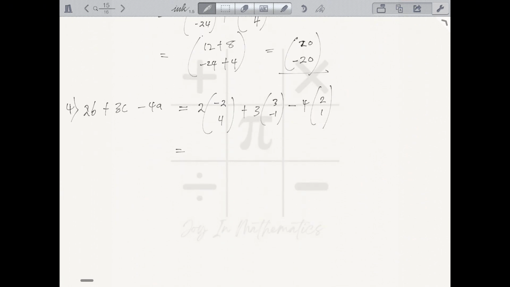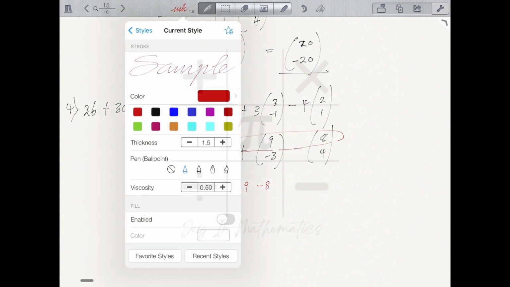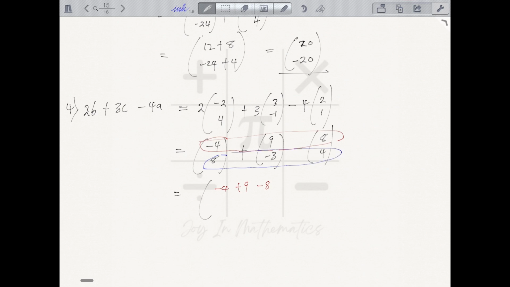So let's solve now. We open up the brackets with scalar multiplication, and this will result into (-4, 8), and we will have (9, -3), and finally we will have (8, 4). So let's now perform the addition and subtraction combined. The x component is -4 plus 9 minus 8, and the y component is 8 plus -3 minus 4.